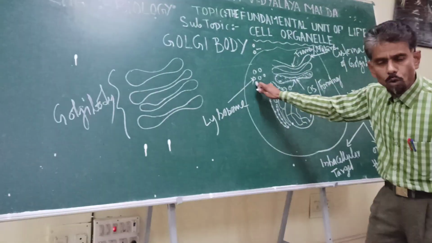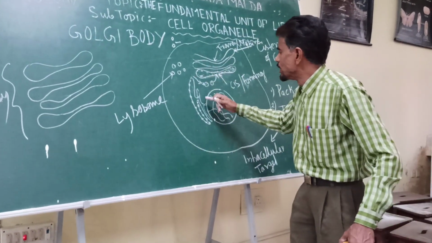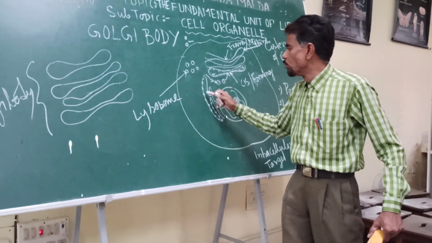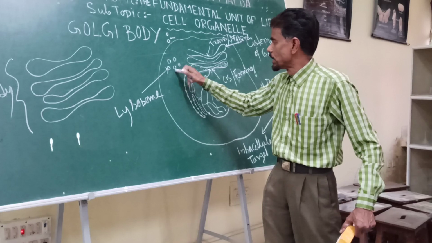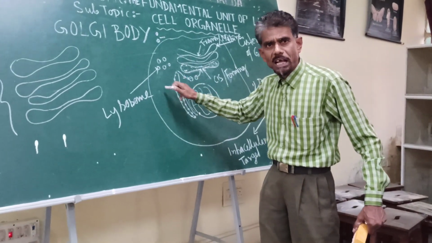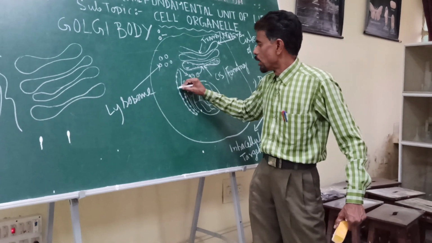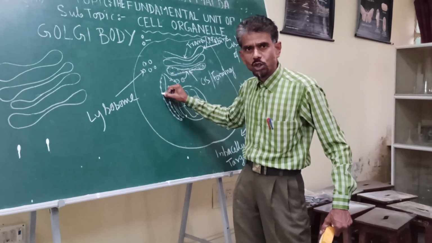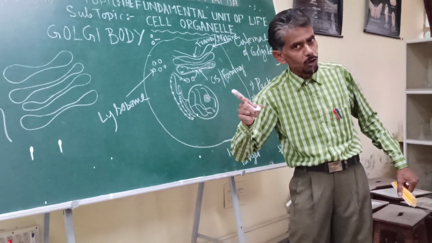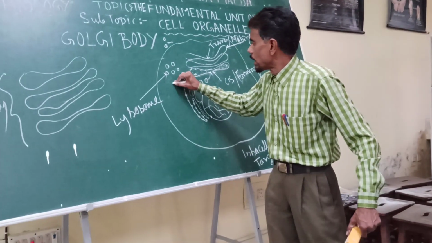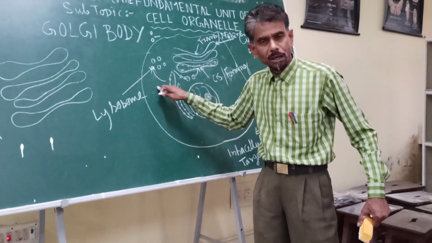This lysosome is filled with enzymes in the form of protein which are produced within the endoplasmic reticulum. So it is also present nearby the endoplasmic reticulum, so that the protein in the form of enzyme which is produced within the rough surface endoplasmic reticulum is stored within this single membrane bound vesicle.